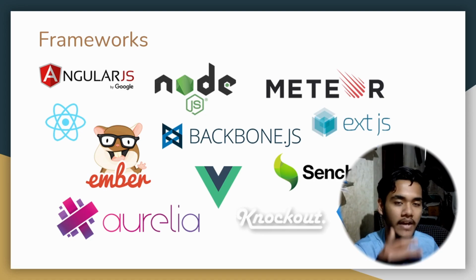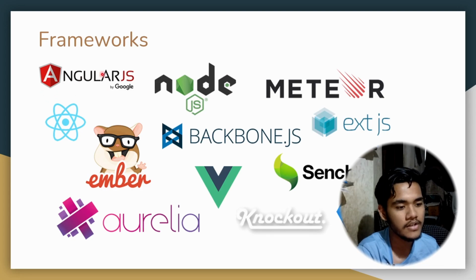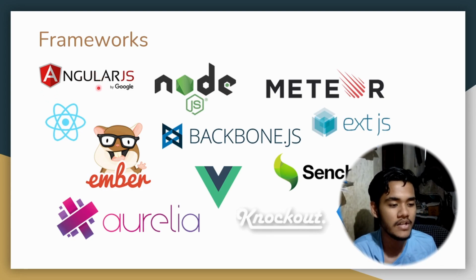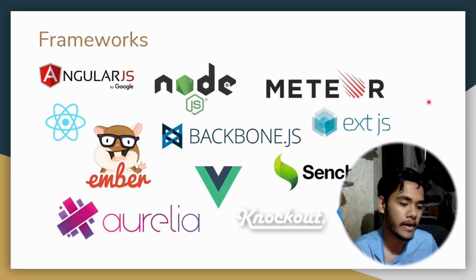For example, with AngularJS and React.js, we can create front-end applications. With Node.js, we can create server applications and web servers, right? So that's how frameworks are used, right? The language is still JavaScript, but we'll use different frameworks for different applications, right?